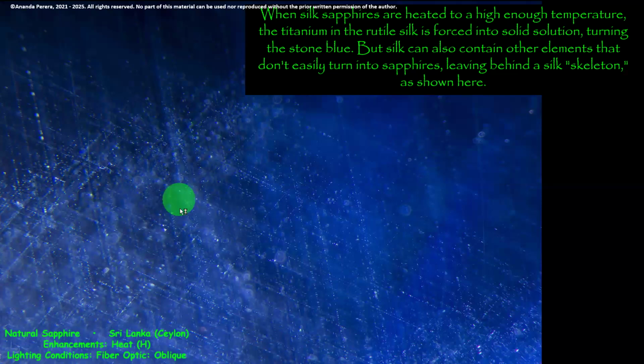Some rutile silks are converted into the color, but the rest is leaving inside the stone. It is like a skeleton, leaving the skeleton-like silk.